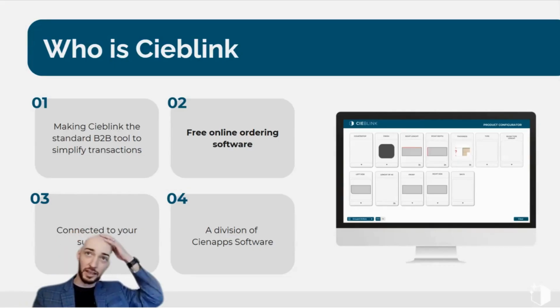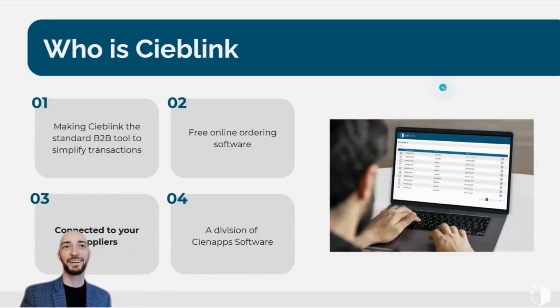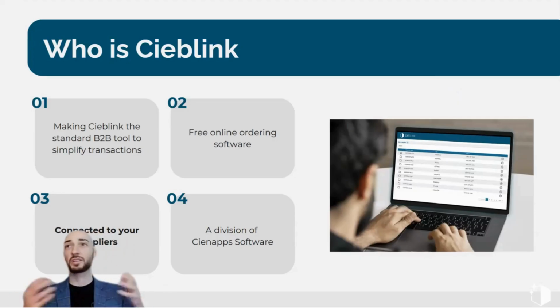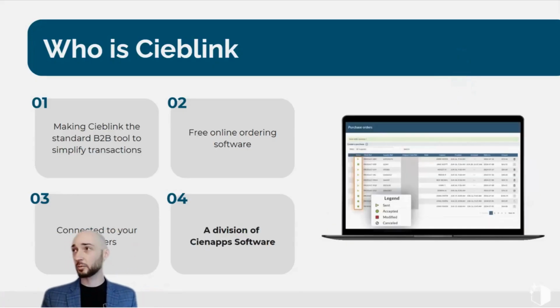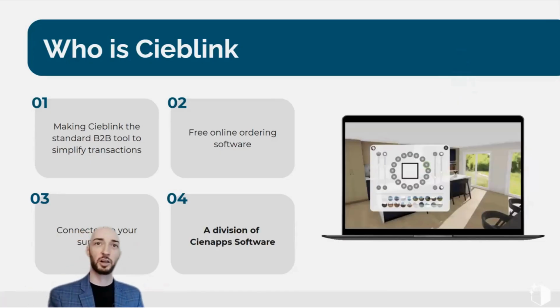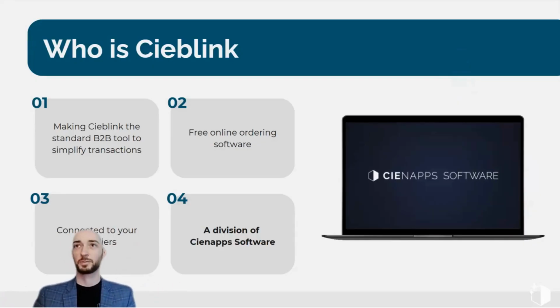I see that sometimes we lose a little bit of hair when we work a little too much. It's connected with your suppliers, and having the connection between your different suppliers alleviates a lot of the challenges. And it's a division of CNAP Software, which has been in this industry since 2009, developing CNAP's ERP as well as Symmetric Design and of course Cieblink Network.